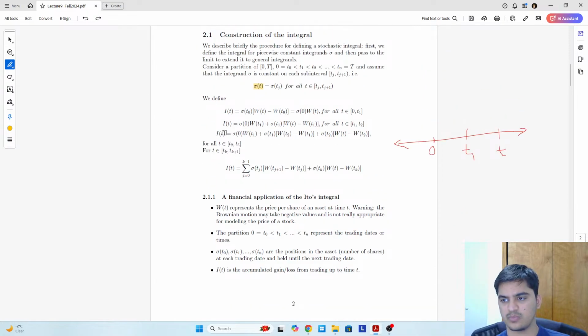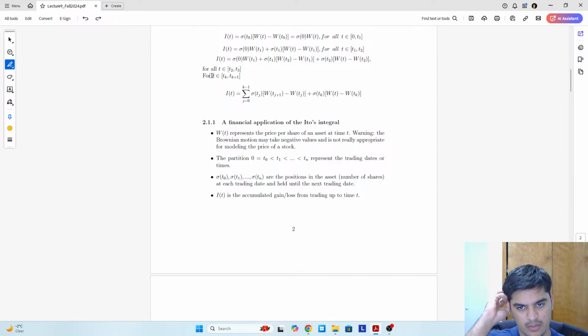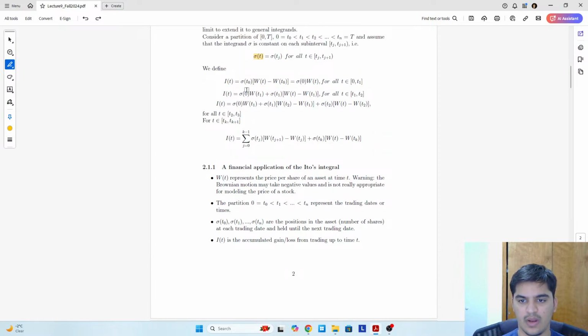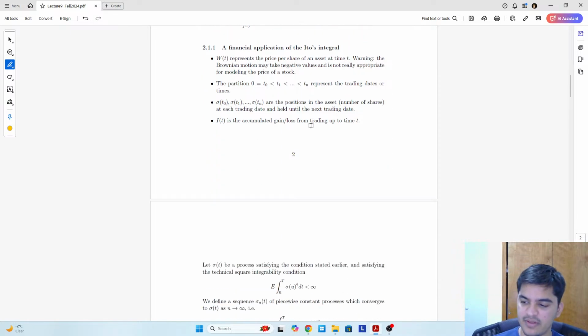Then we do the same thing with t2, and then finally the equation can be broken down into the smallest components and differences of those components.